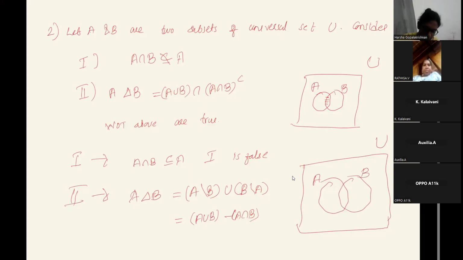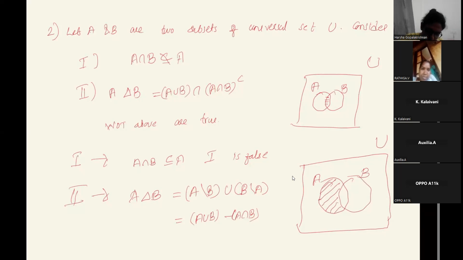So what is A difference B union B difference A? What is the A difference B here? A difference B means the set of all elements in A which are not in B. So if I am covering all this region, these are all the elements in A which are not in B, because this intersection region is in B. So this is A minus B. Now what is B minus A?